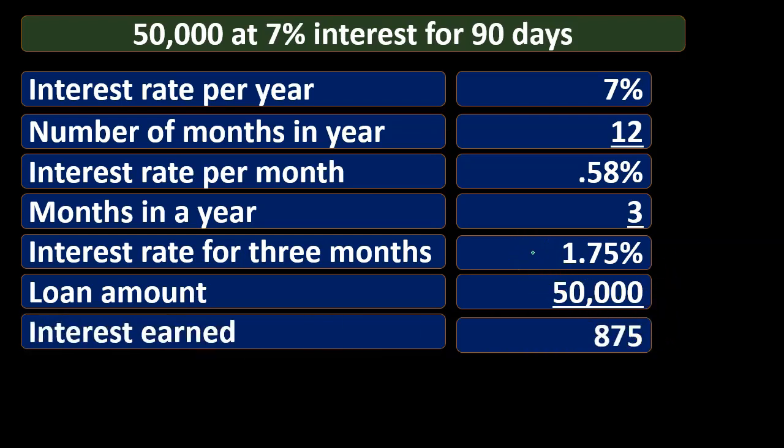So remember, what we did here is we broke down the percent for a 3-month time period, or 90 days. And again, that's not usual. We don't usually say, hey, we're going to pay you a simple interest rate of whatever for a 3-month time period. So just be aware that we don't typically say that we're going to pay you 0.58 per month.